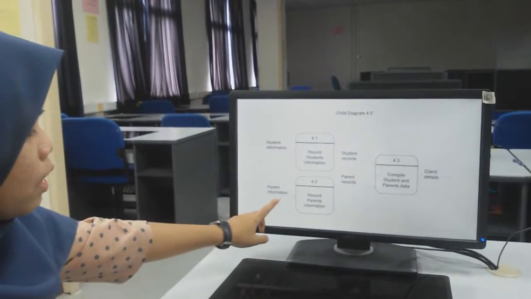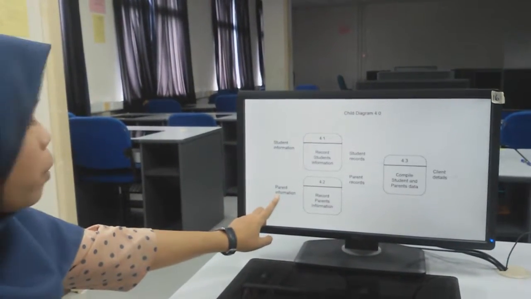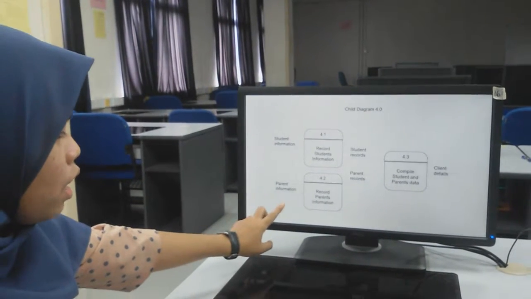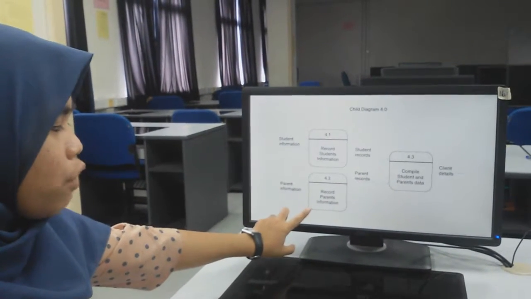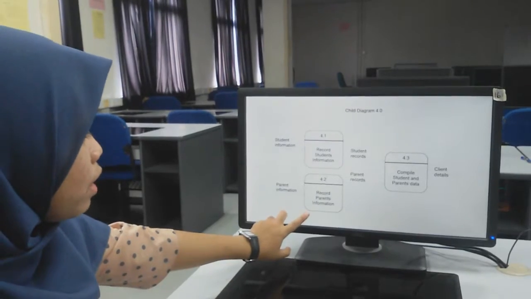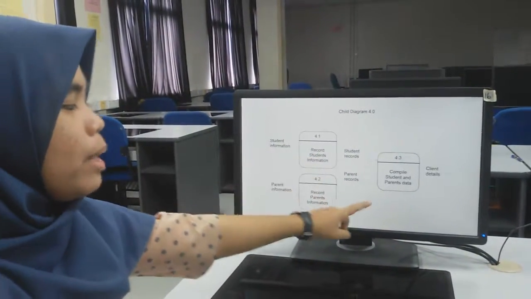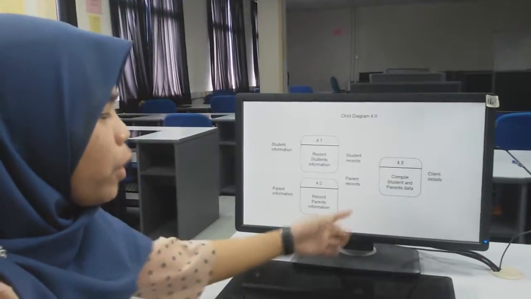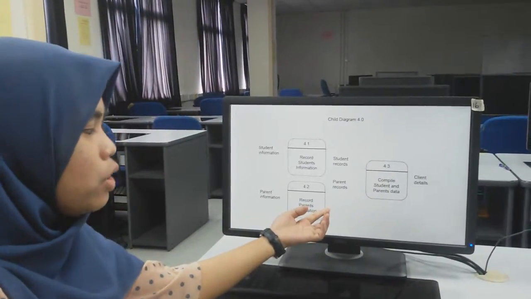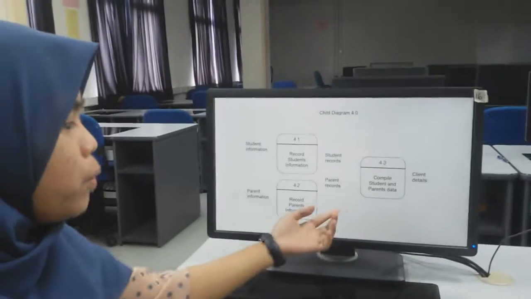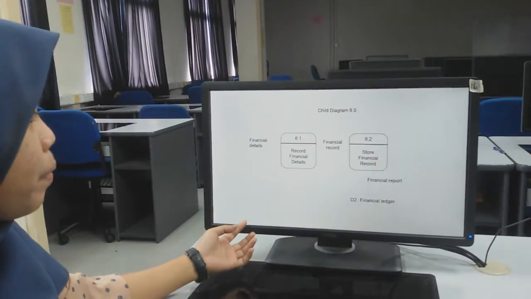Meanwhile, the other input for 4.2 is parent information, which will go through the process of record parents information. The output is parent records, and the two records will be combined into the 4.3 process, which is compile student and parents data, and the output will be client details.